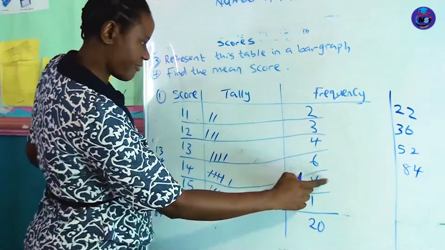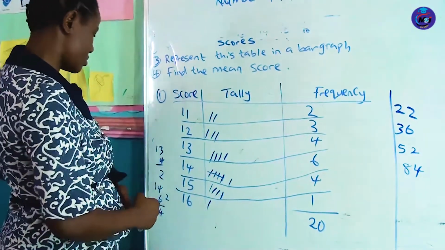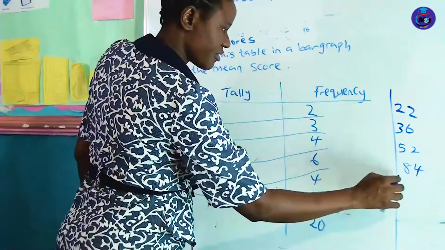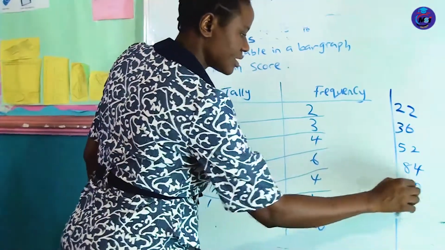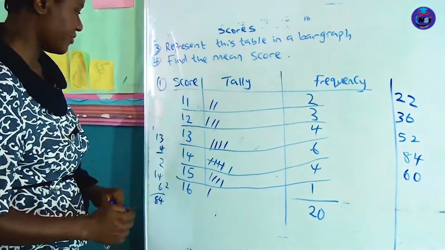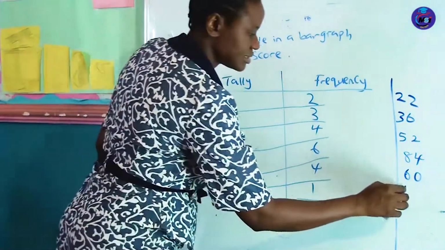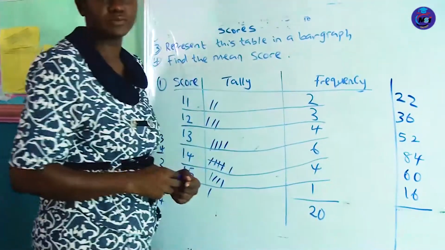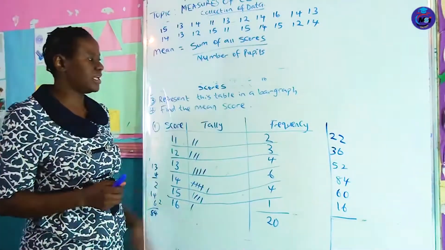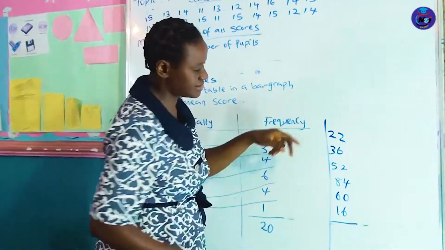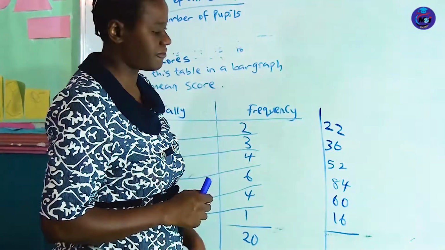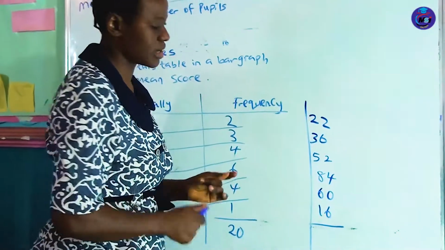15 times 4 is 60. Then 16 times 1 is 16. So I add up instead of going individually. So 2 plus 6, 8, plus 2, 10, plus 4, 14, plus 6, 20.